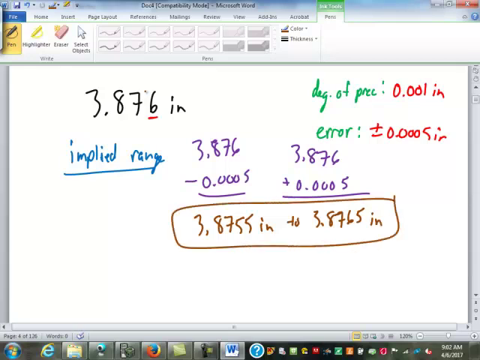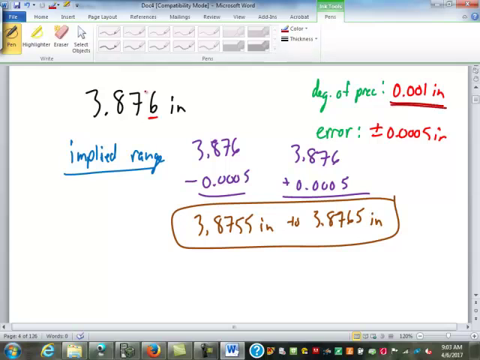What do you think? Yeah, the degree of precision actually is the total range. Because your error is half of the degree of precision, but it goes on each side. So your degree of precision would be the total range. If we were talking in terms of a tolerance, your tolerance would be your degree of precision.